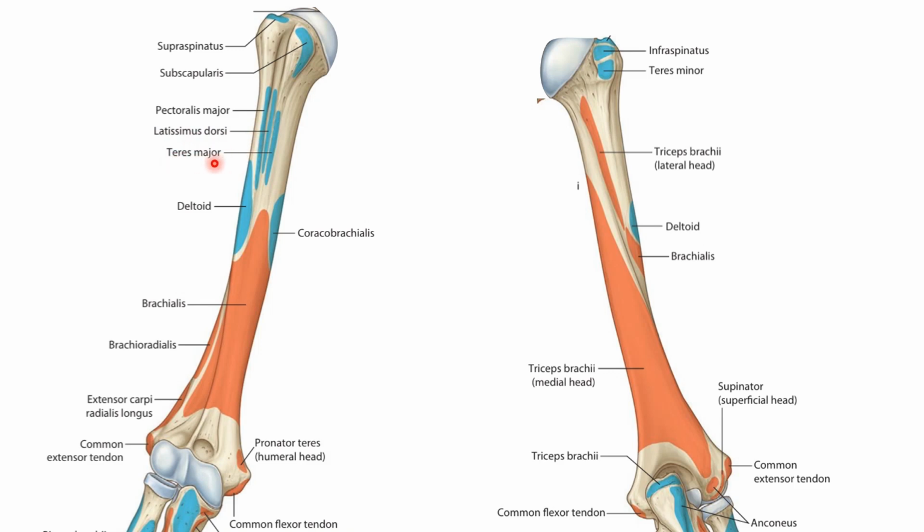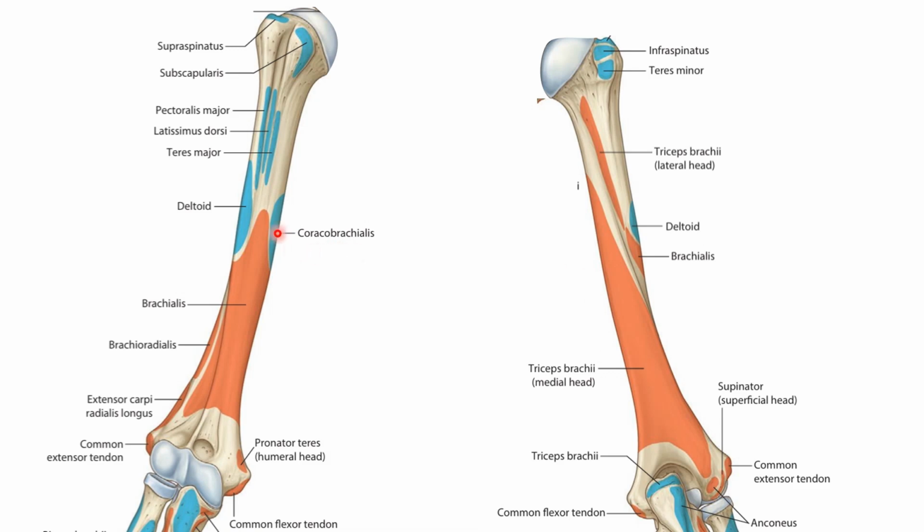This is teres major inserting to the medial lip of the bicipital groove. And this is deltoid inserting into the deltoid tuberosity, anterolateral surface of the mid shaft. And this is the common extensor tendon originating from the lateral epicondyle, and this is the common flexor tendon originating from the medial epicondyle.